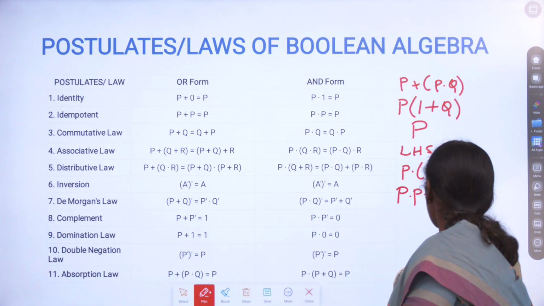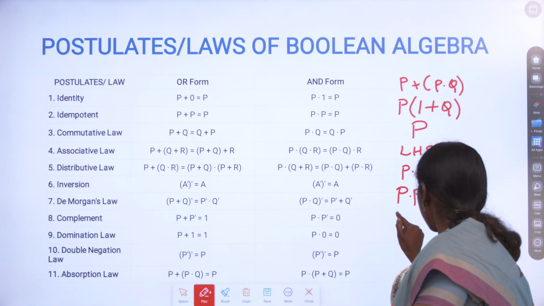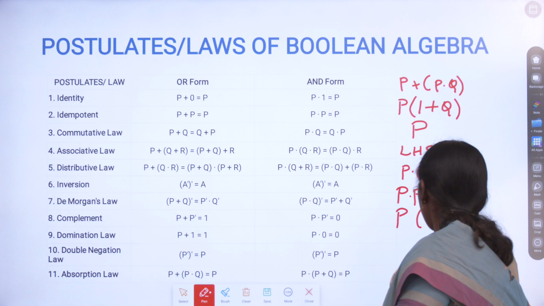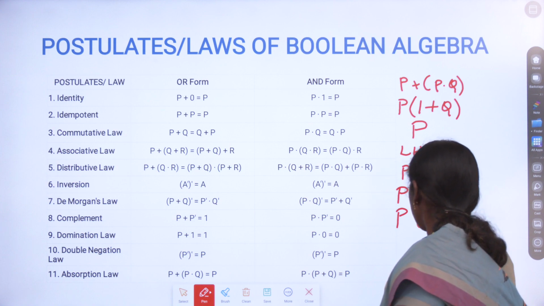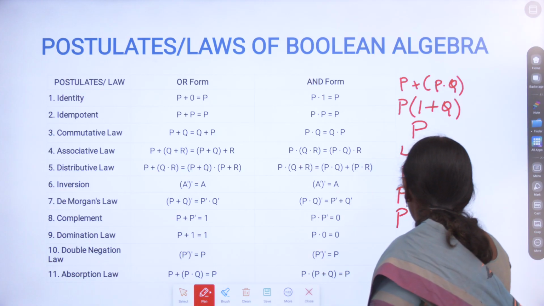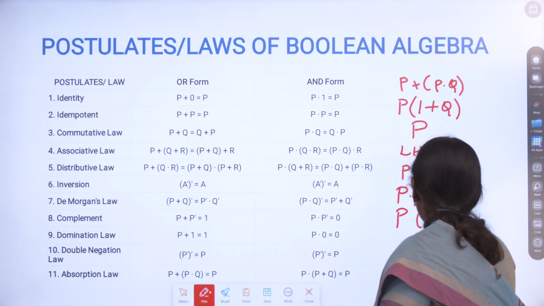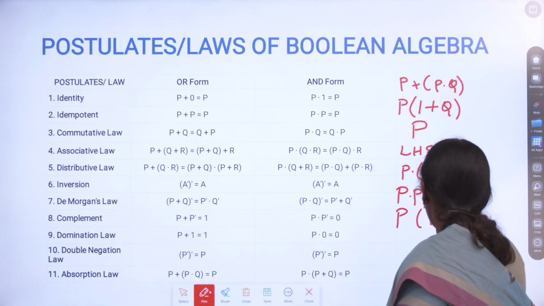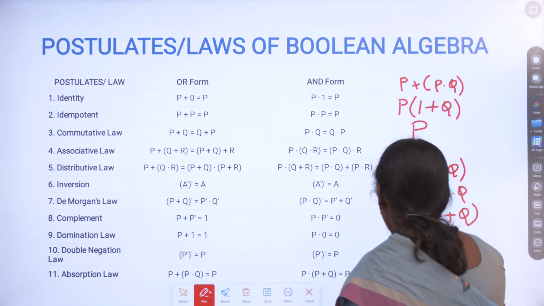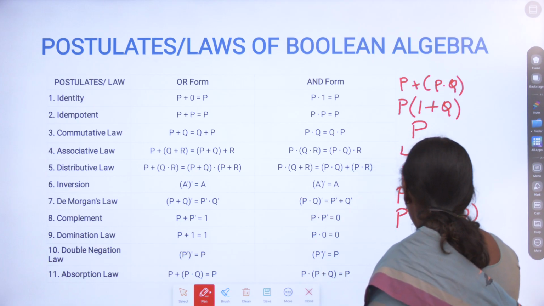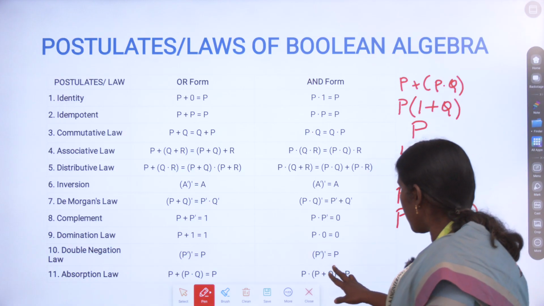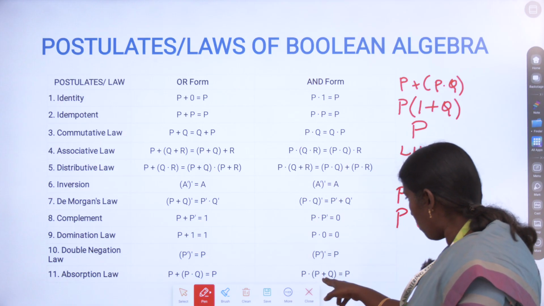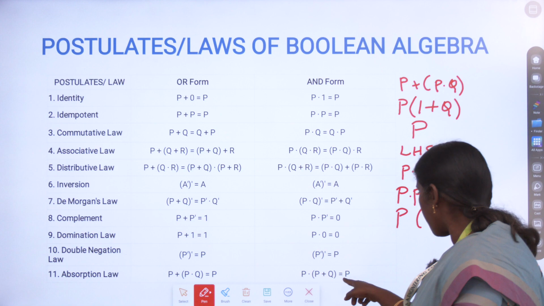P dot P plus P dot Q. From these two terms, we can take P as common, so you will be getting P dot P plus Q. Similarly, on the other side, if you solve this, you will be getting P dot P plus Q is equal to P.